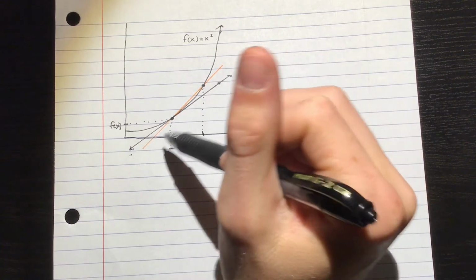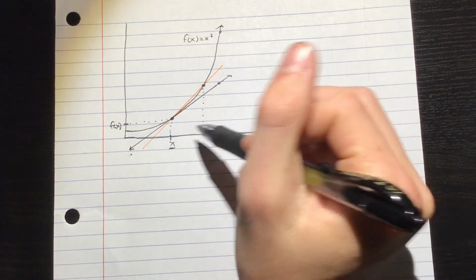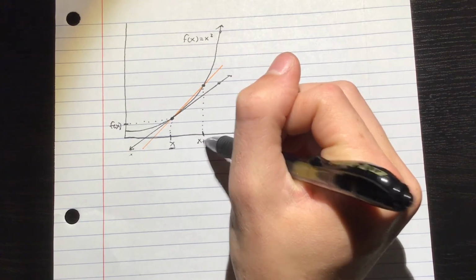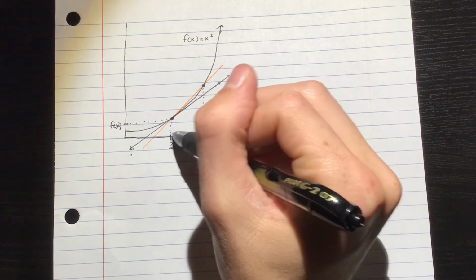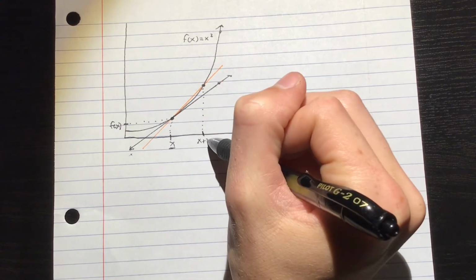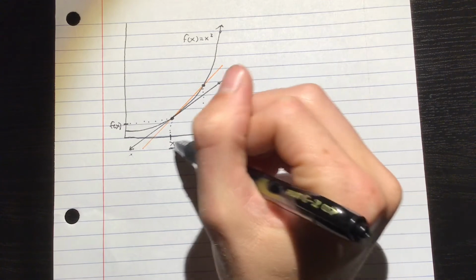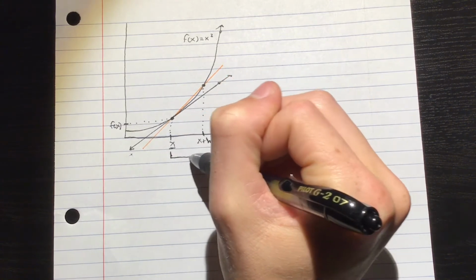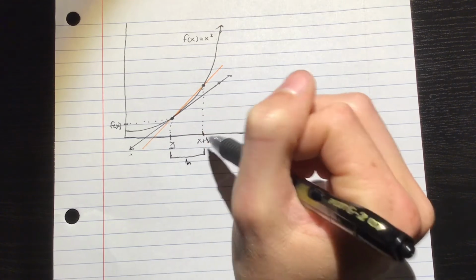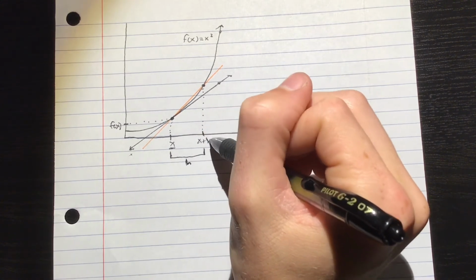So x is just any number. Let's call this new number over here x plus a certain amount. Let's call this certain amount h. So to go from here over to here, this distance is h. So our new x value is just x plus h.